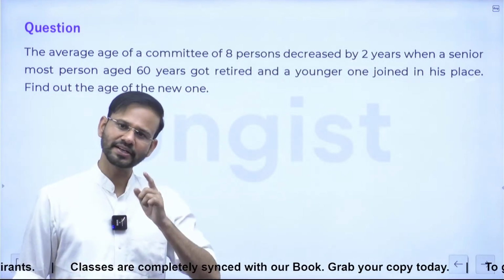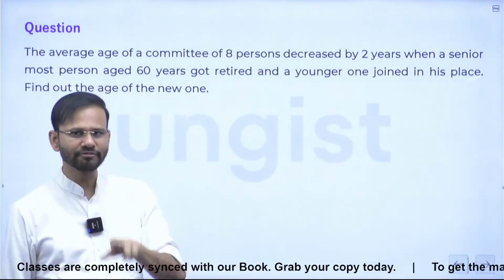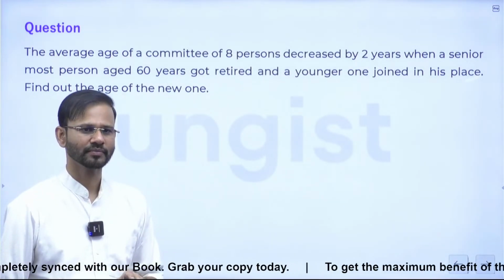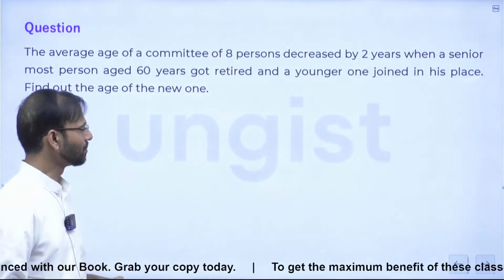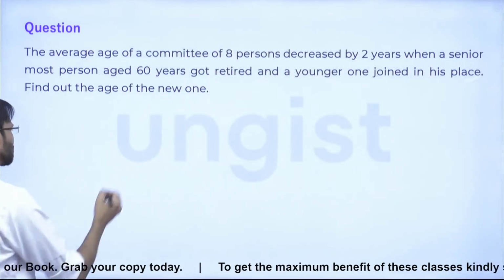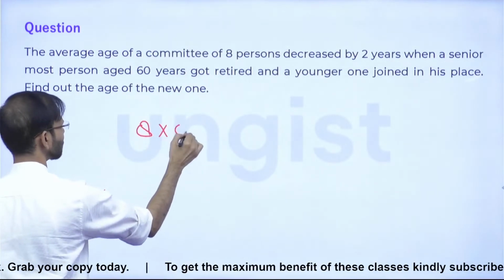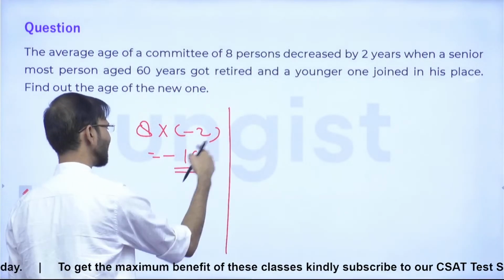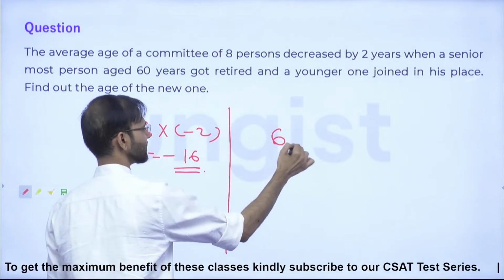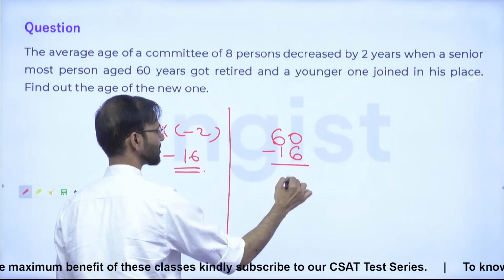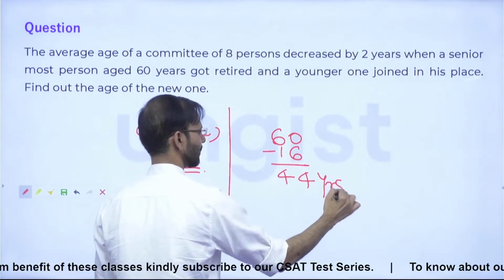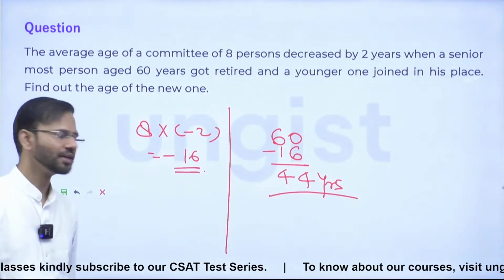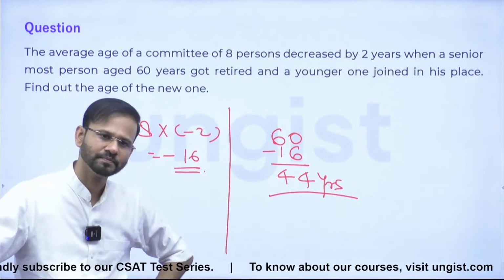This -16 is generated due to the age difference between the person who has left and the person who has joined. So the person who has joined must be 60 minus 16, he must be 44 years of age.